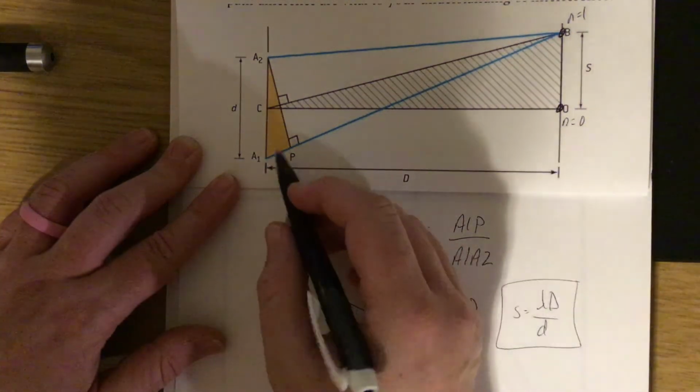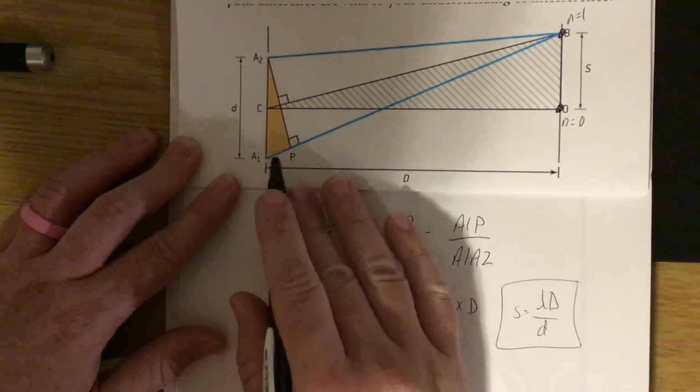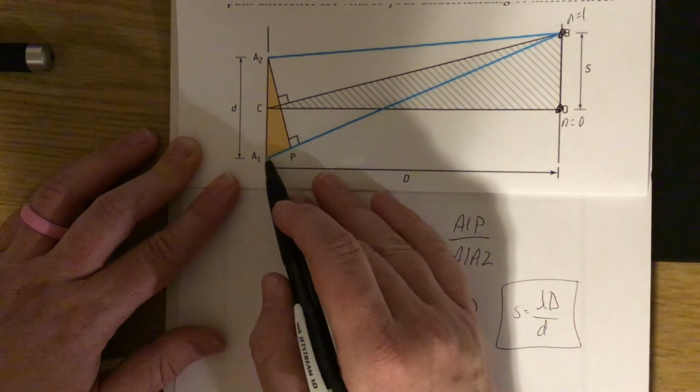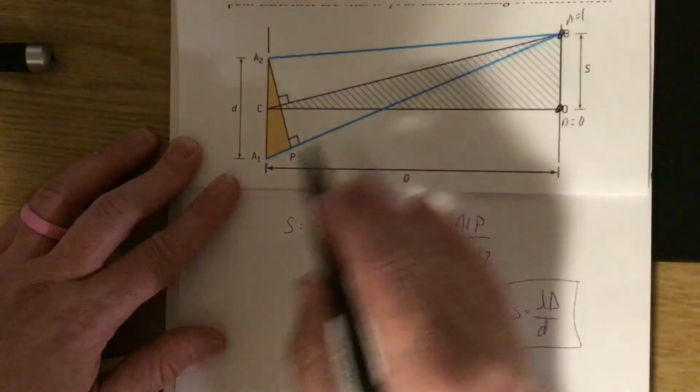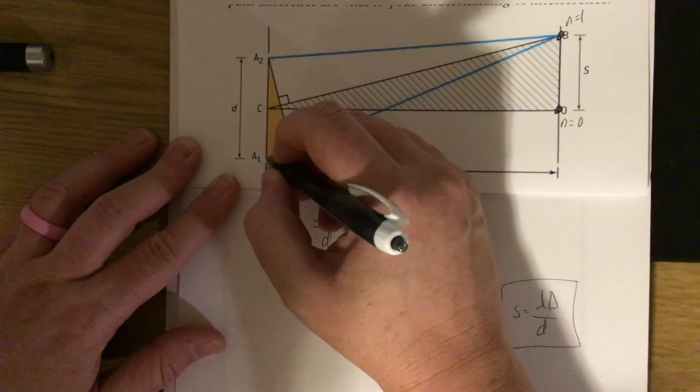One thing I do want to talk about with this distance here is that this is our path difference. If we're talking about our blue line here and our blue line here, the difference in the length of those is whatever falls right here.